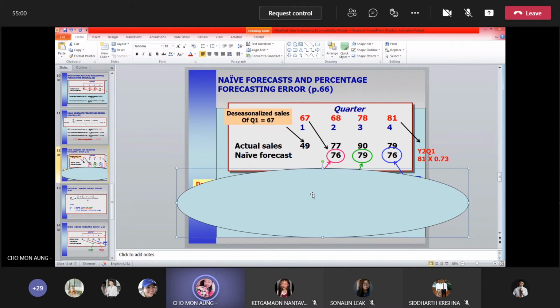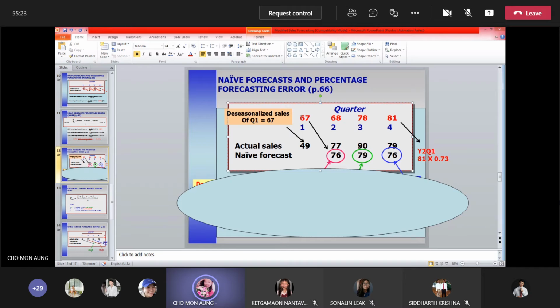We adjusted it. Now, look at the table. Here are the actual sales and seasonally adjusted sales. We have them already here from step number 4. When we forecast the sales according to naive, current sales will be the forecast for the next period.